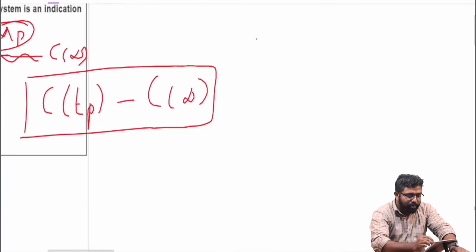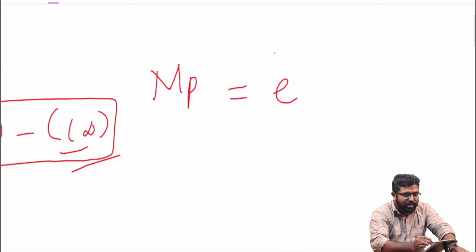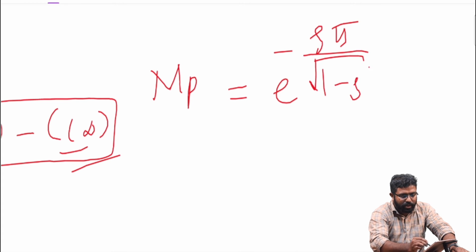This difference is written as MP. After substituting in the general equation, you will get e raised to minus theta pi divided by square root of 1 minus theta square. If you take MP percentage, it will be multiplied by 100.